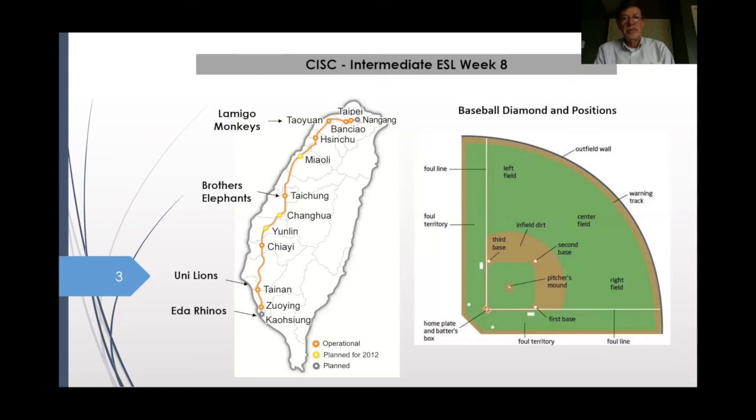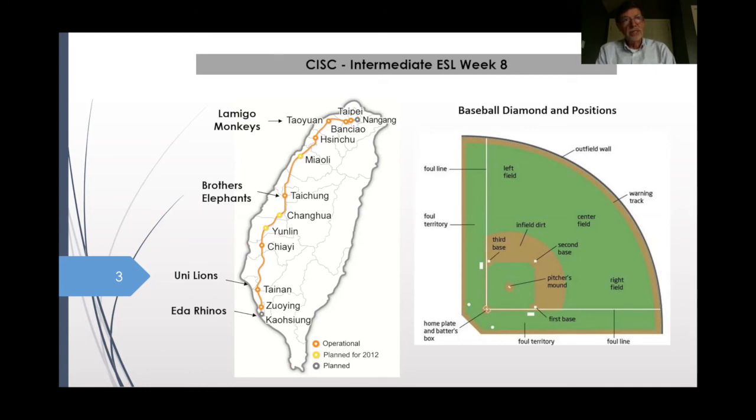Okay, baseball. So there are 4 Asian League baseball teams in Taiwan. The Flamingo Monkeys were playing the Brothers Elephants the night that I was there, and they're in Taoyuan. Elephants is their, of course, mascot. Taichung, and I've spent almost a week in Taichung.